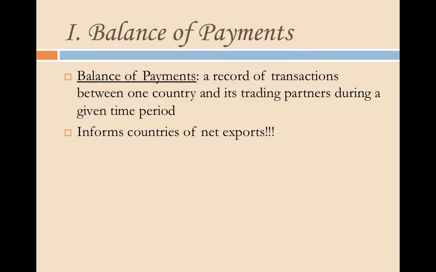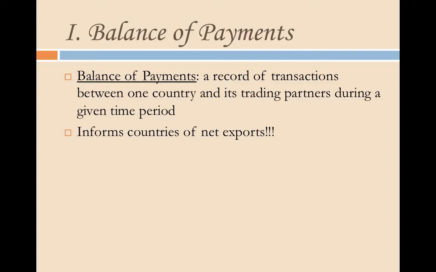Countries want to know about the balance of payments because they would like to know about net exports. They would like to know whether they are an exporting or an importing nation. This tells countries how much money is flowing in and out of their country from these exports and imports. Most countries would prefer to be an exporting nation.